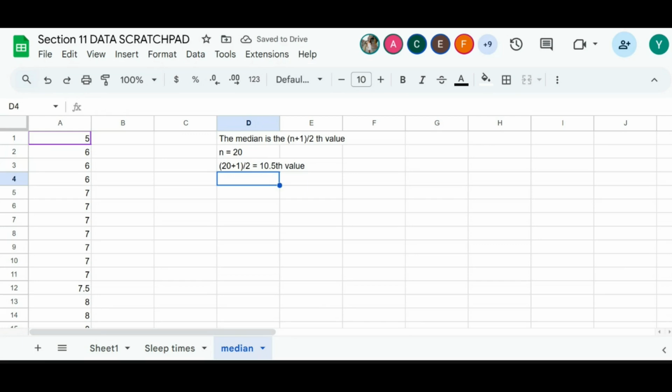What does that even mean? How can you? Well, it means this. The 10.5 value is between the 10th and the 11th. So you go to the 10th value, which is 7. You go to the 11th value, which is also 7. And the median is the average of 7 and 7, which of course is 7.